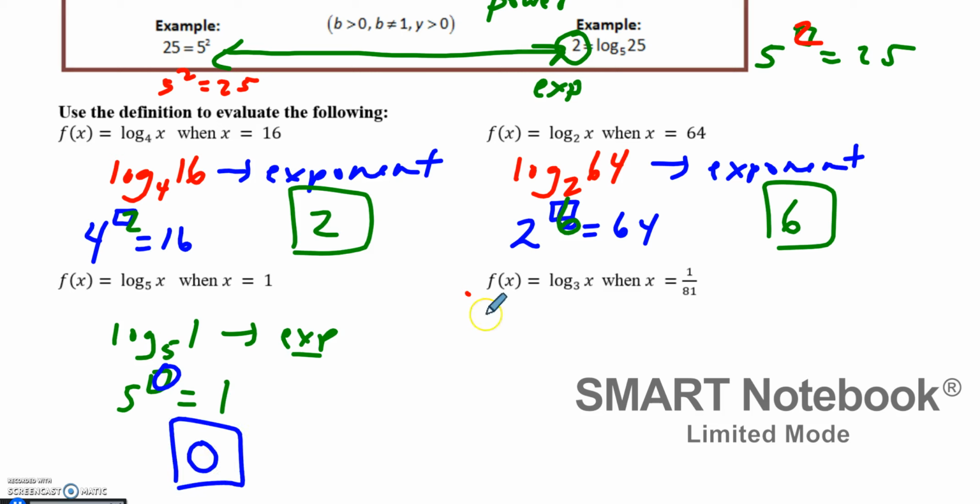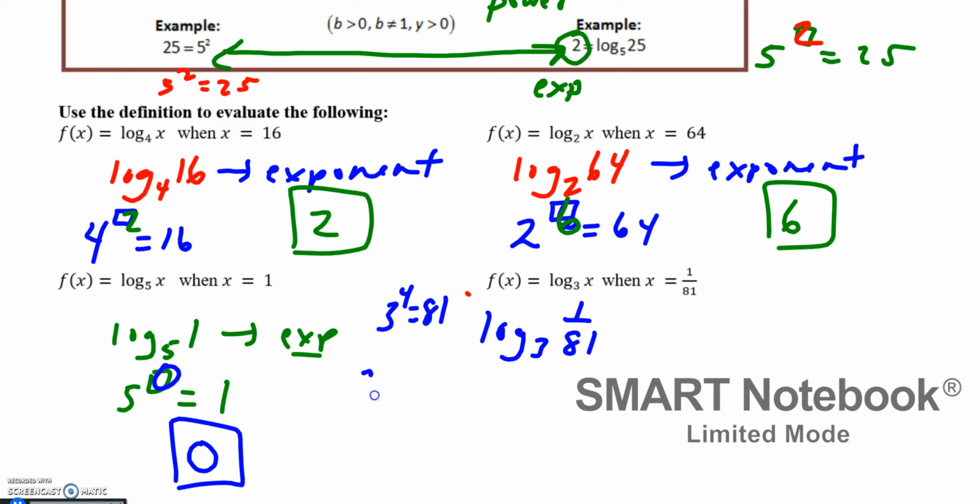Last example in this grouping, we want to find log base 3 of 1 over 81. As soon as we have a fraction, that can be a little confusing, but you might recall from previous videos that reciprocals or fractions come from negative exponents. So let's think this through. I know that 3 to the 4th is 81.